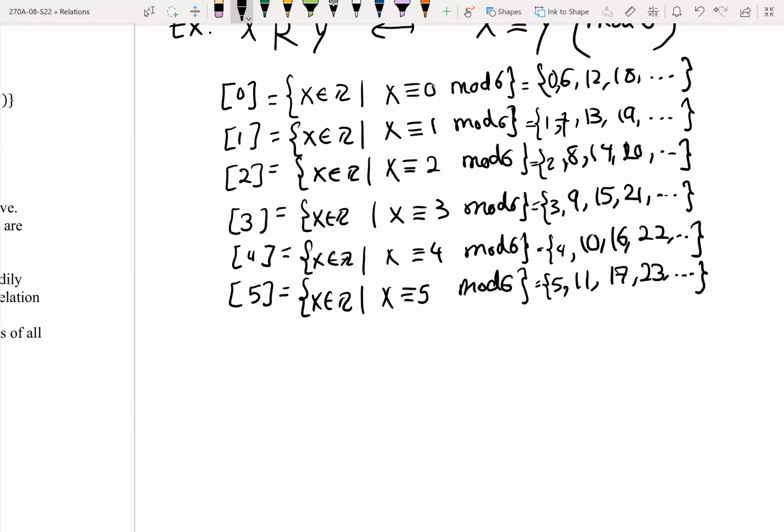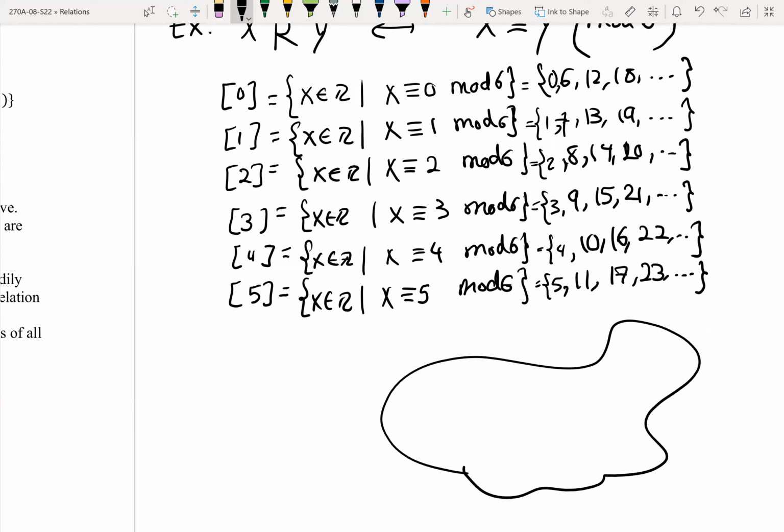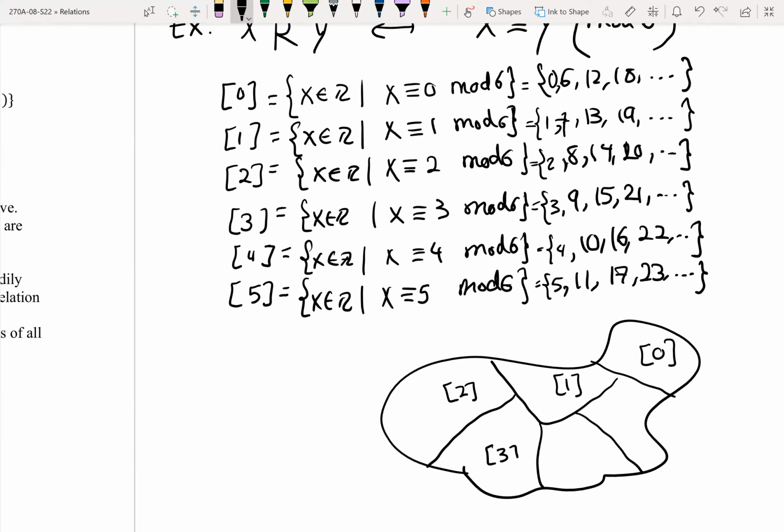So what's happening? You have the set of all integers, which is divided by 6. The one which has the same remainder as 0, the one which has the same remainder as 1, the one which has the same remainder as 2, 3 when you divide by 6, 4 when you divide by 6, and 5 dividing by 6, okay?